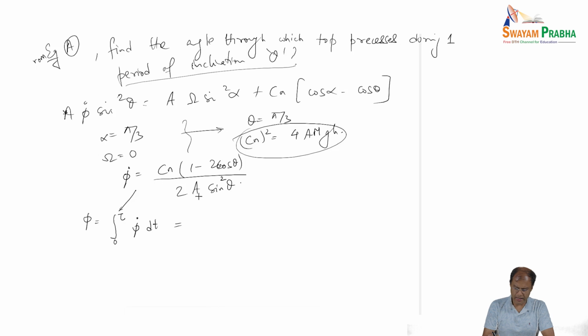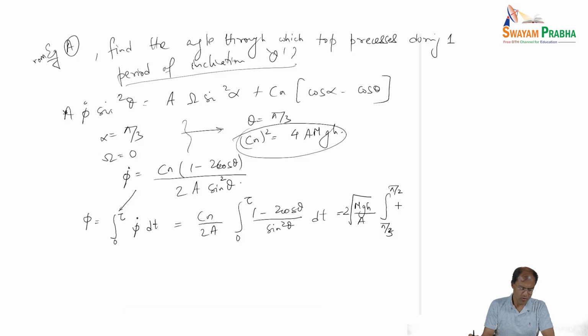Once we integrate our phi dot equation, we get cn by 2a integral from 0 to tau of 1 minus 2 cos theta by sine square theta dt, and this is going to be square root of mgh by a times 2 times the integral from pi by 3 to pi by 2 of 1 minus 2 cos theta by sine square theta d theta by dt, right?